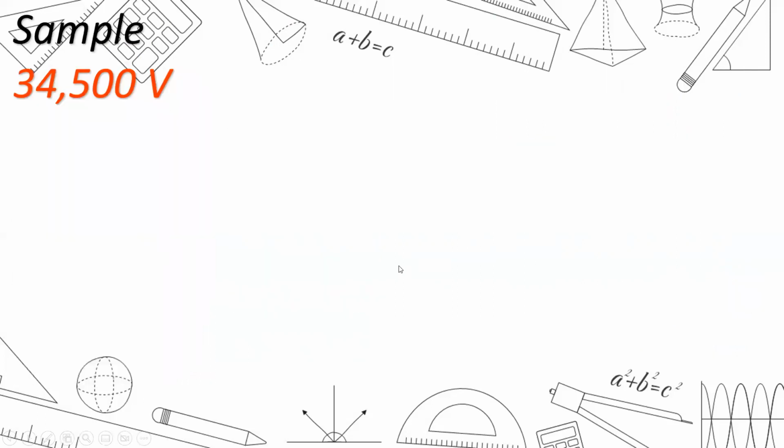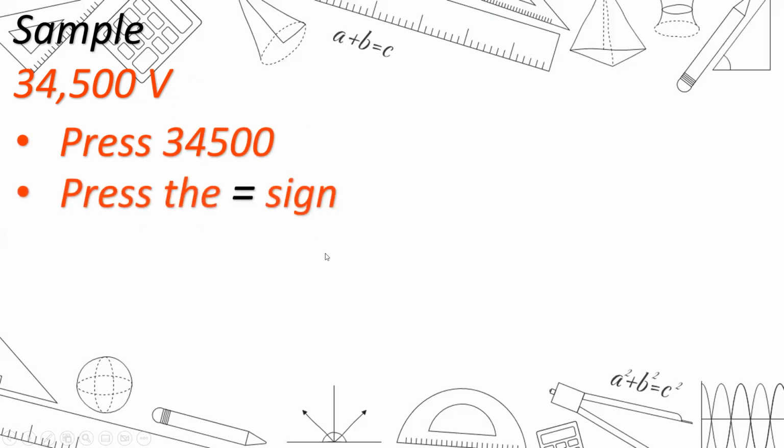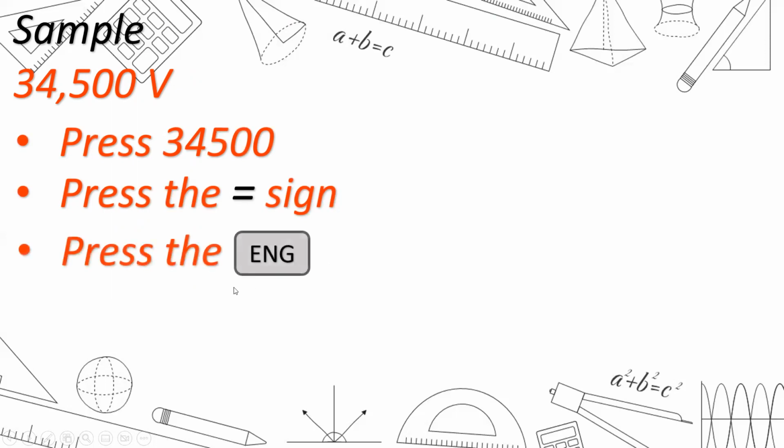So say, for example, we want to convert or express 34,500 volts in prefix form. Simply press 34500 in your calculator, then press the equal sign, and then press the engineering notation button in your calculator. Then it will display 34.5 times 10 to the positive 3.